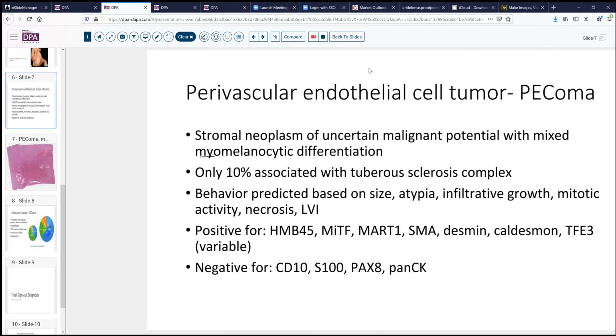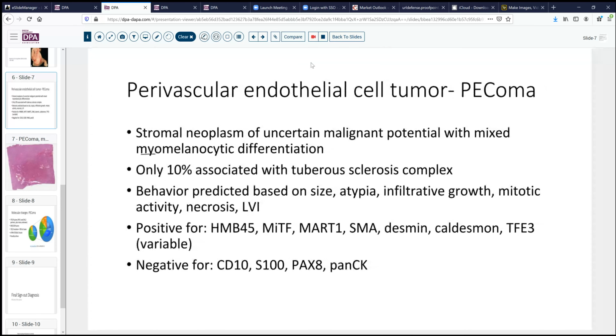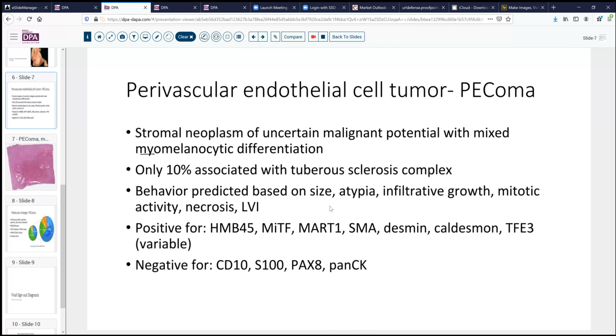As I've mentioned, the behavior can be difficult to predict, but size of the tumor, in this case a rather bulky tumor greater than 5 centimeters, is important. Atypia, nuclear pleomorphism, multinucleate cells. Infiltrative growth is also a factor, and mitotic activity, particularly anything greater than 1 or 2 per 50 high-power fields, is considered important. And then other features such as necrosis or lymphovascular invasion.